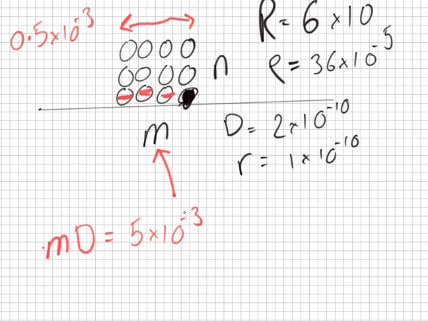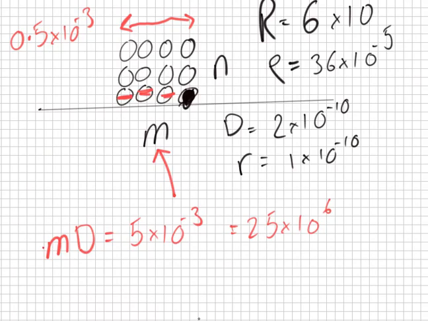So this tells me how many atoms I have horizontally. Quite a lot. 25 times 10 to the 6.